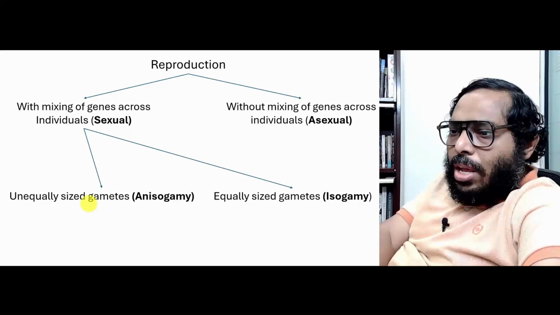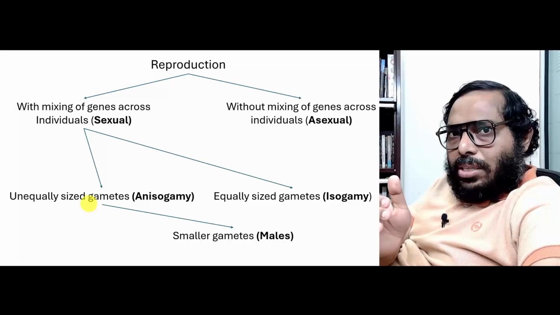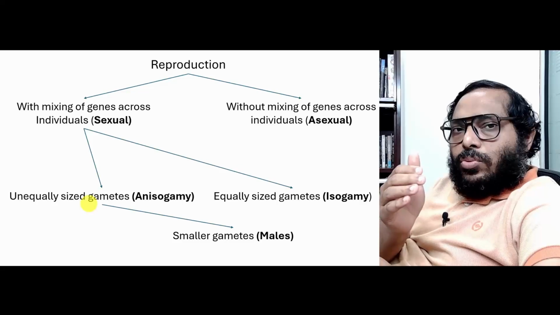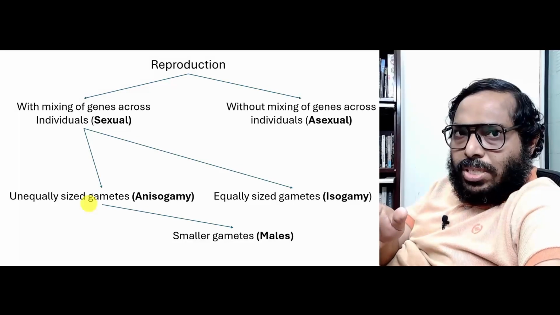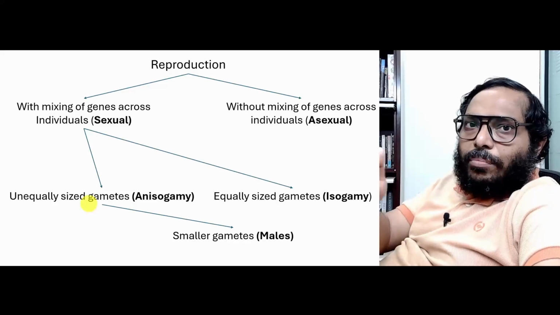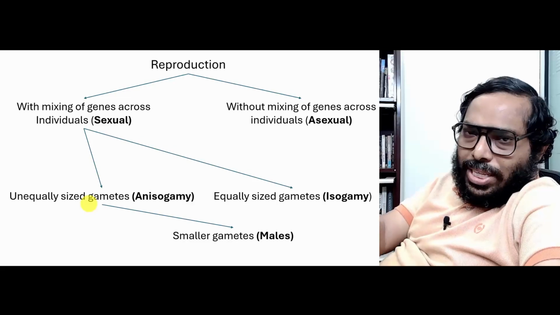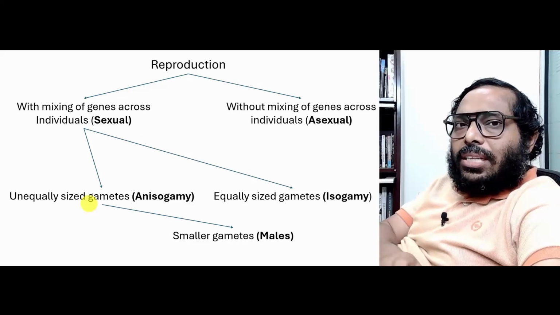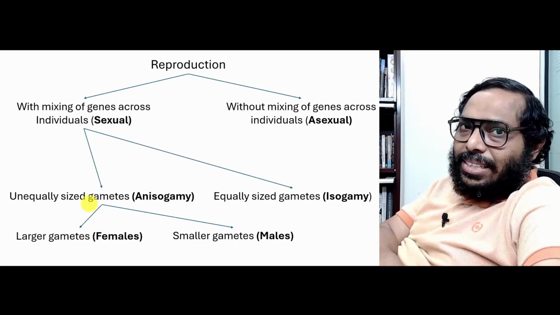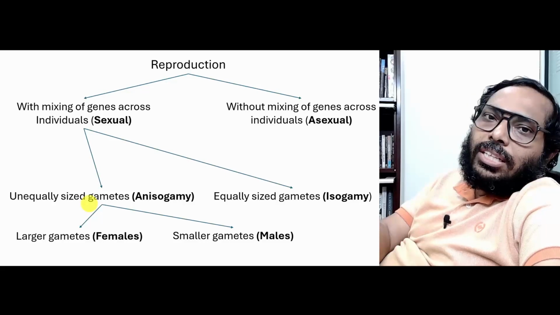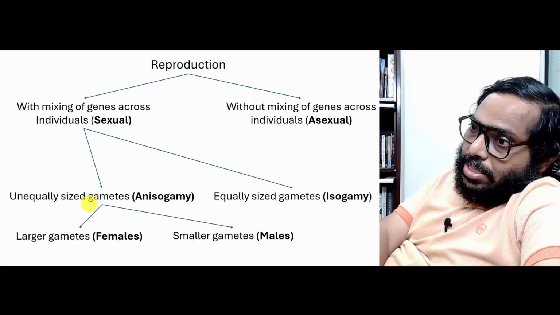The smaller gametes are the ones known as the male gametes or sperms, and the producers of the smaller gametes are known as males. The larger gametes are typically known as eggs, and the producers of the larger gametes are known as females.